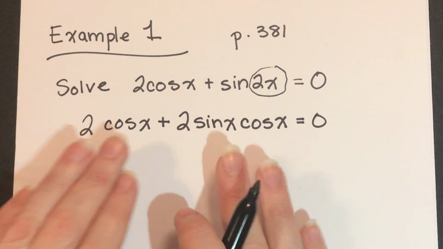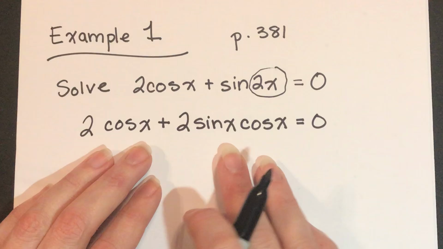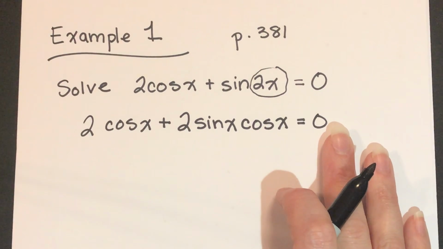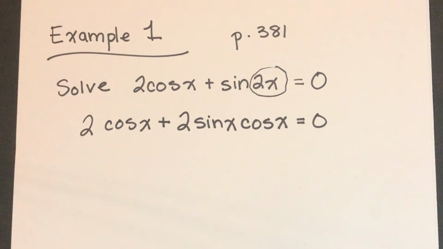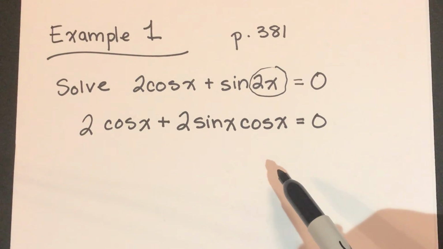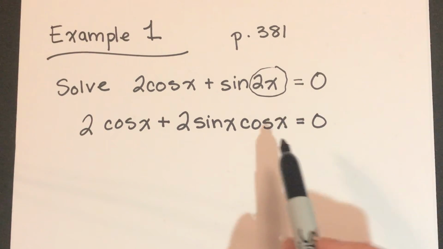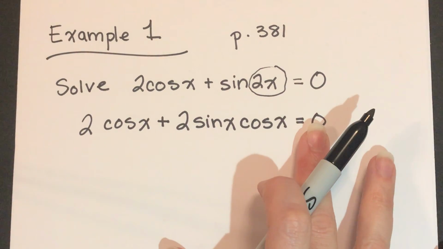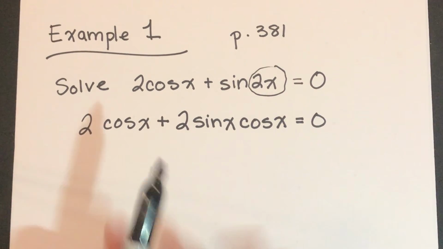Now remember, when solving these equations, we get them equal to 0, and then we try factoring things out. Even when I first did this problem, I got to this point and thought, oh crud, what do I do next? So remember, once you get it equal to 0, you can try factoring some things out.